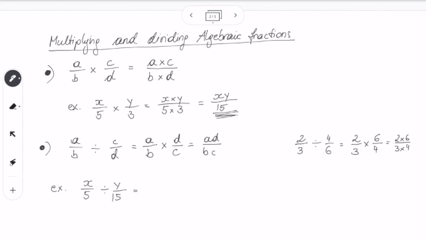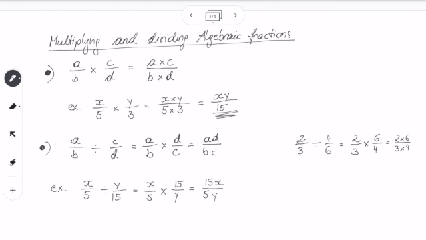Now, the x over 5 stays the same, but I'm going to multiply it by the reciprocal, meaning I am swapping numerator and denominator. So that would be 15 over y. Now we can use our first rule. So x times 15 is 15x over 5 times y is 5y.